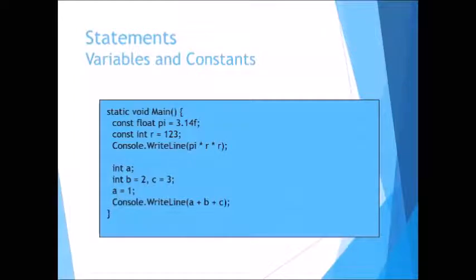Statement variables and constants. Okay, you know what is a variable and a constant. 20 is a constant because that value never changes. But int i is a variable. That means i can be reassigned with another value also.